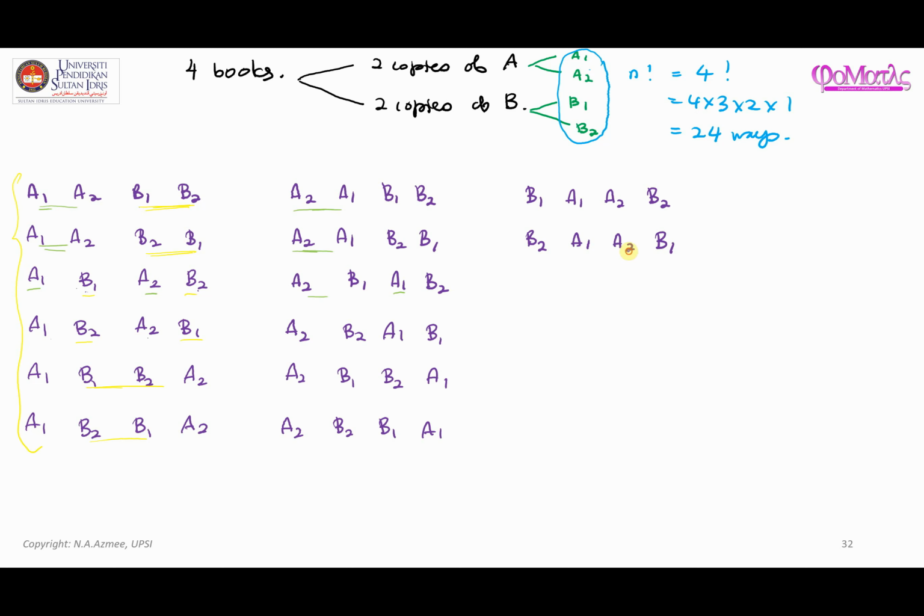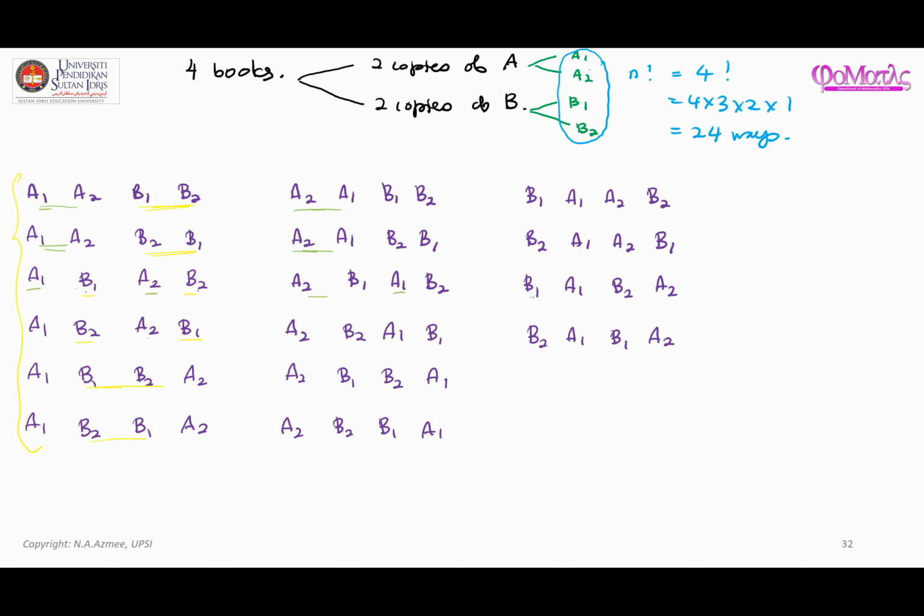Next, I'm going to move A2 to the end. So I have B1, A1, B2, and A2. And I'm going to switch this. So we have B2, A1, B1, A2. I think that's all that I can do.